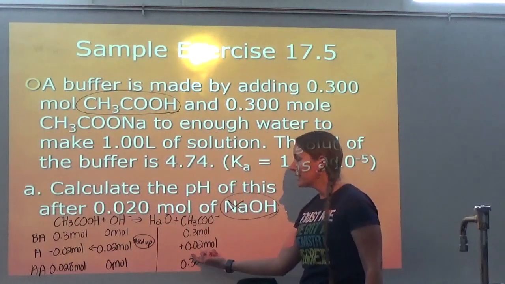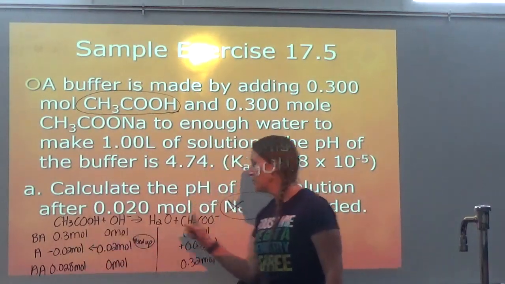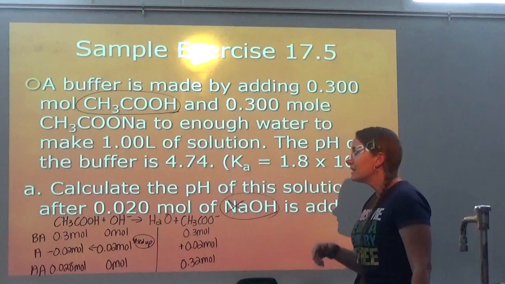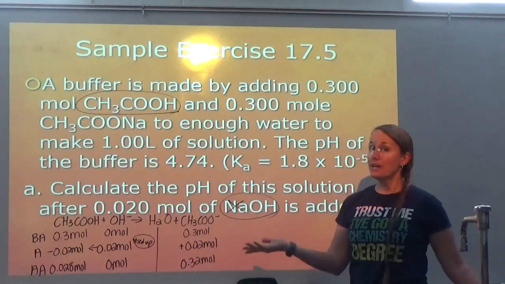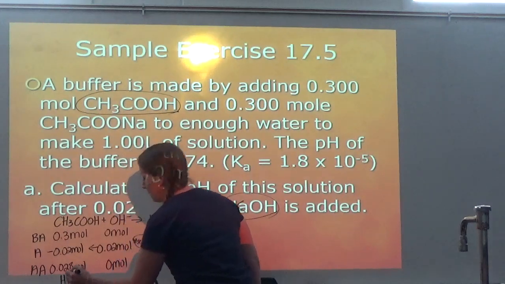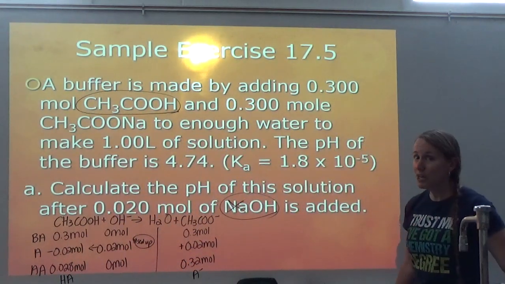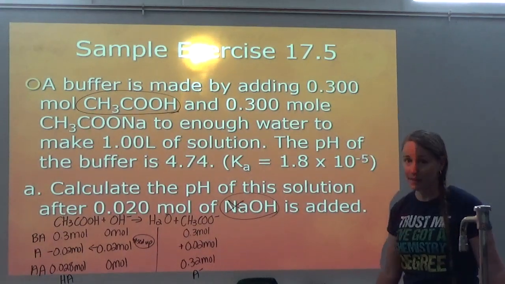But on this side, I'm going to add that much, because every time these react, I make one of these. And this is why we can use Henderson-Hasselbalch, because what do I have left? I have some HA and I have some A minus. Whenever you see you've got HA and A minus, Henderson-Hasselbalch that thing.